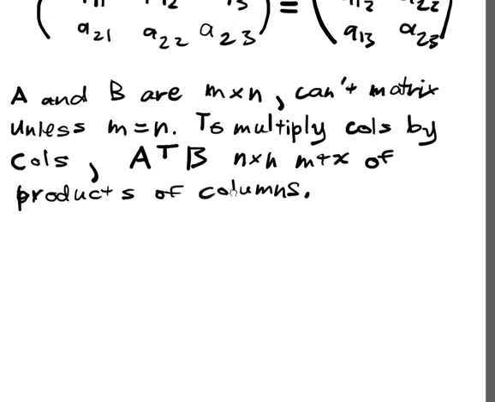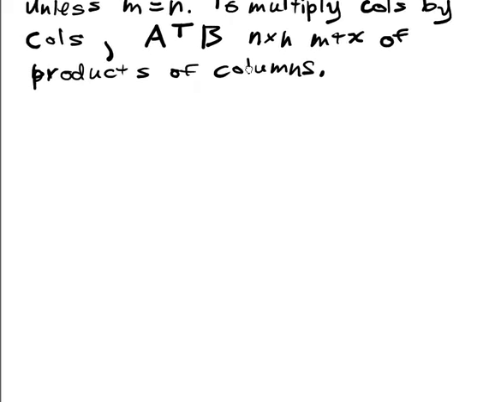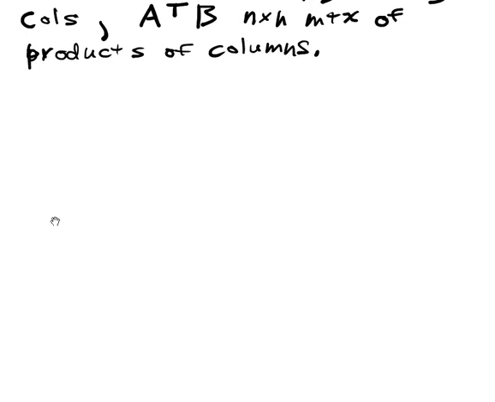Well, we need to establish some rules. So we looked at laws of matrix algebra last time. So now we need some rules for the transpose, because the transpose behaves reasonably well. But there's in particular one thing that's kind of fishy about it.